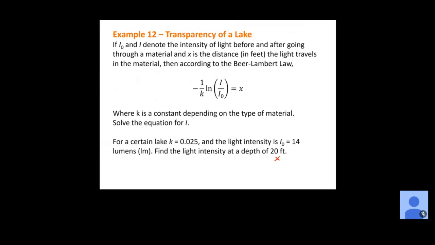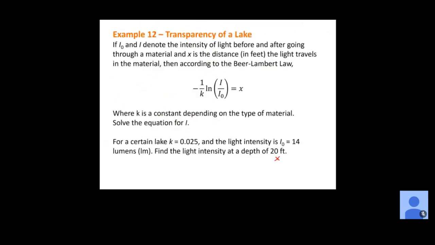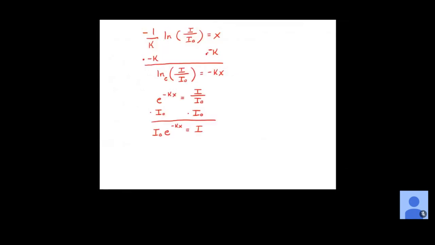Okay, so I'm going to go back to the other slide. We're going to start plugging those in. So what was my I sub 0? Okay, so that's 14. Good. I'm going to put 14 times e.